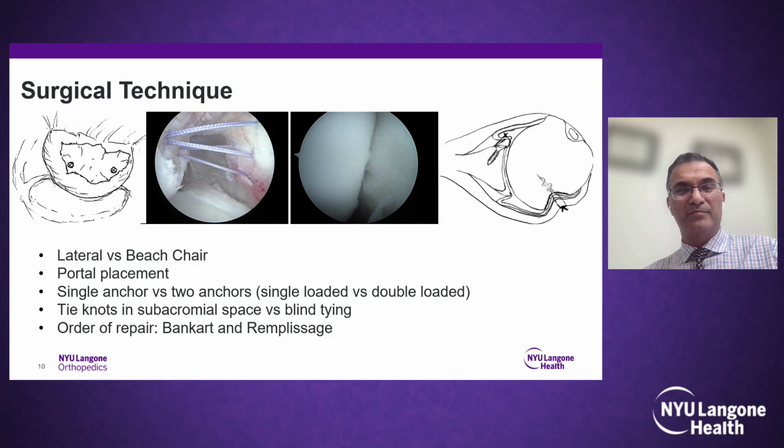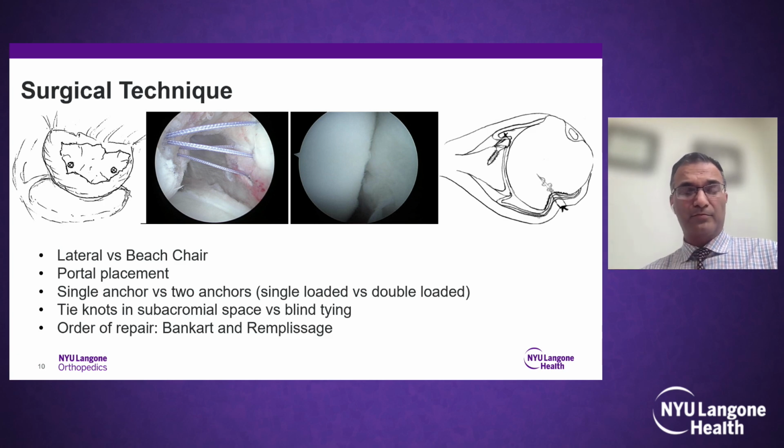And then I actually do put a cannula back there just for the technique that I do. I think it's easier for me to work through. I use a 5.5 cannula back there, which is big enough to house the drill guide and place my anchors.